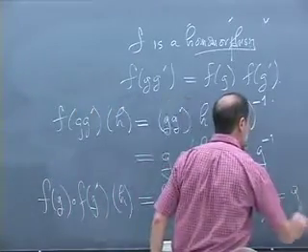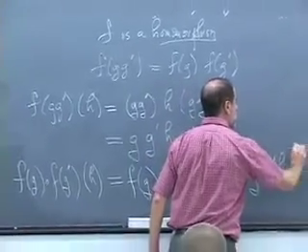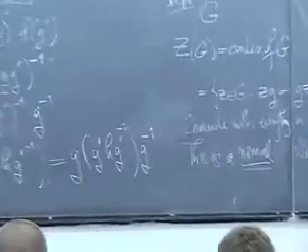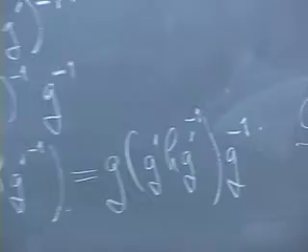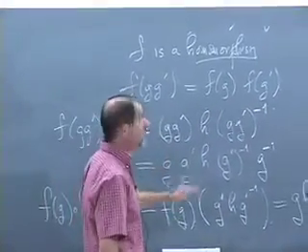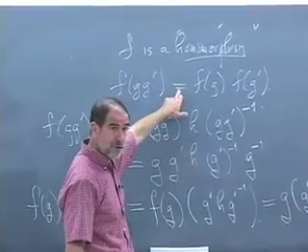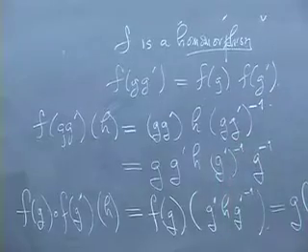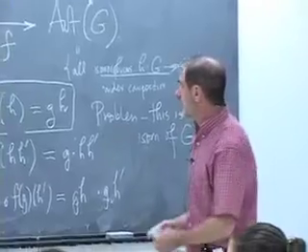So I get g g' h g' inverse g inverse. And if you look at what this does to h and what this does to h, they do the same thing for every h. Therefore, they are the same automorphism. So this is equality in the automorphism group of G, and that's why this map is a homomorphism. This is really quite cute.